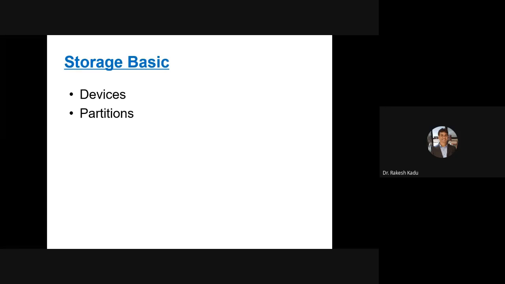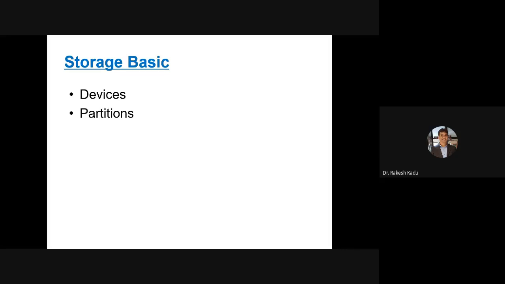Your RAM is a primary memory, and hard disk drives are generally physical devices called the secondary storage, where all the information is stored permanently. So we have a physical device, and that device has different partitions.